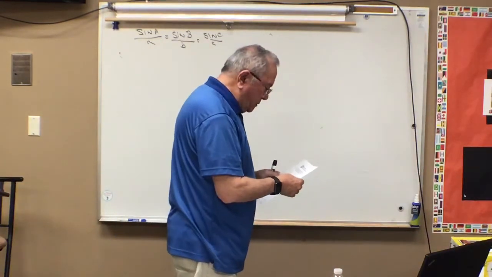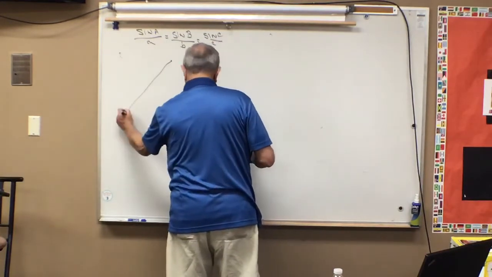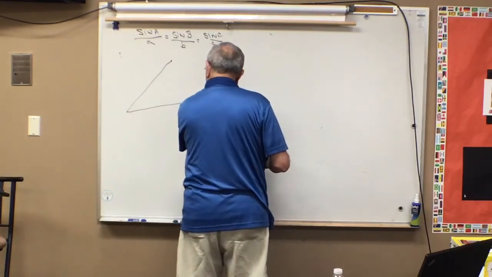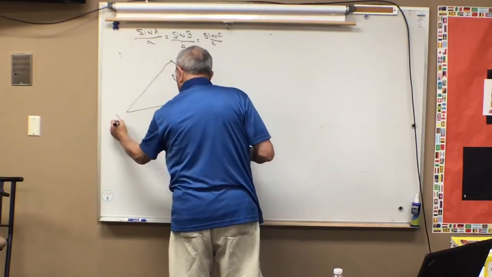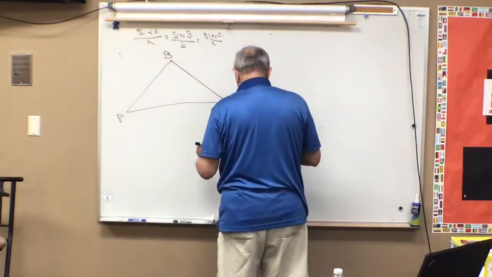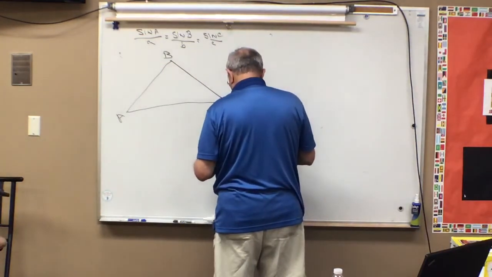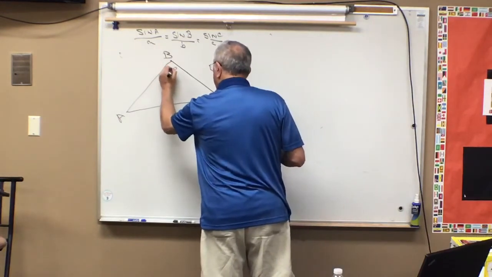All right, here we go. Let's find angle A. We're going to draw the same drawing, which is nice, and this is how you're going to get it in the book and on your worksheet, okay? Here's A, here's B, here's C. They give you angle B is 78.